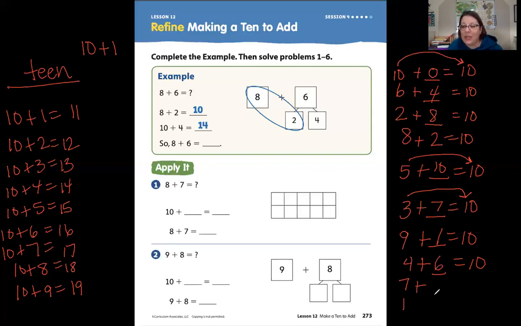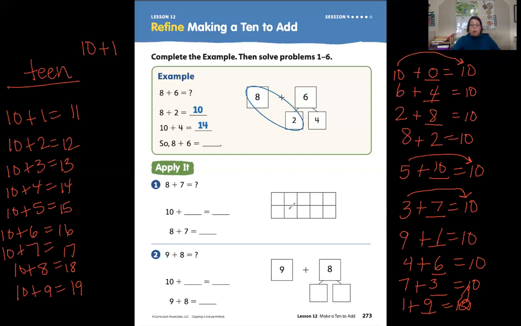And 7 plus what equals 10? If I have 7, how many more do I need to get to 10? 7 plus 3. And 1 plus what equals 10? If I have 10, take away that one part. What's left? 9. Good job.